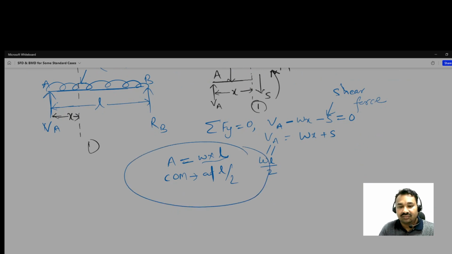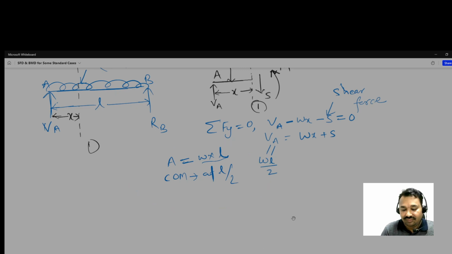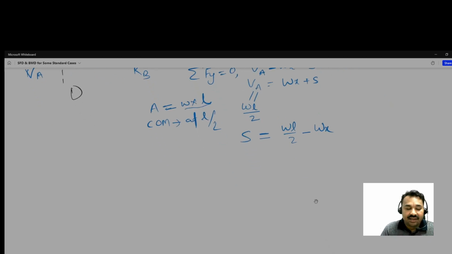Okay. And so finally what we get, S is equal to wL by 2 minus wx. So see here, now we have to apply the boundary conditions, because x, the variable, is here. So if x is equal to 0, then what we get? The 0 means we are talking about point A, means SA, we get wL by 2 because x here is 0.